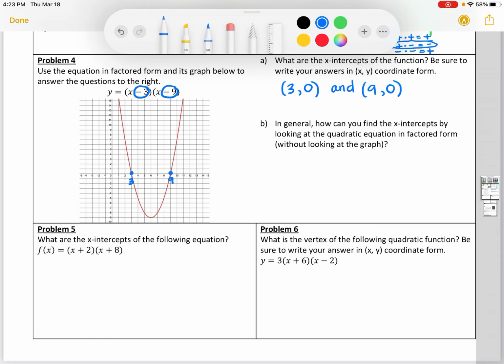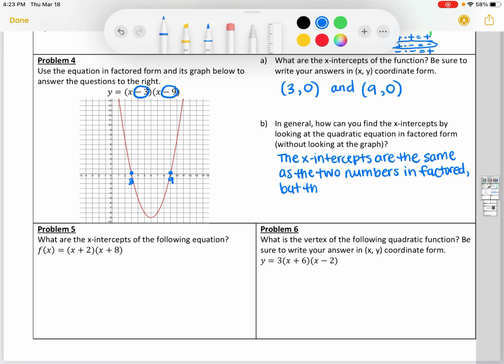So I can always find the x-intercepts. The x-intercepts are the two numbers in factored form, but we have to make sure we remember the signs are flipped.